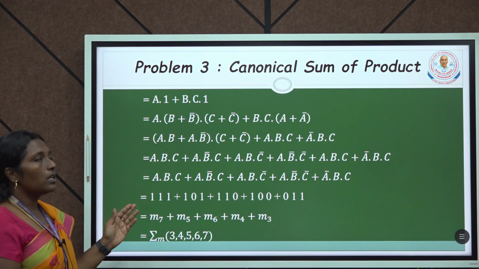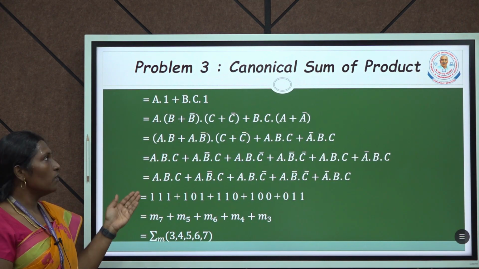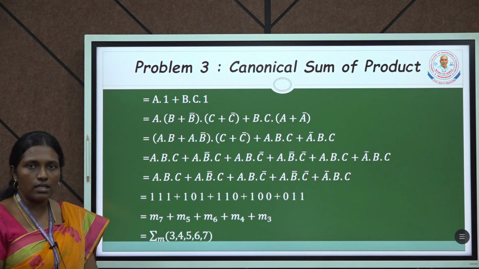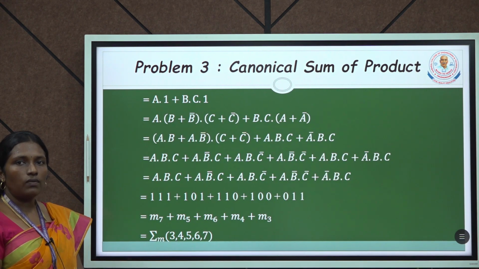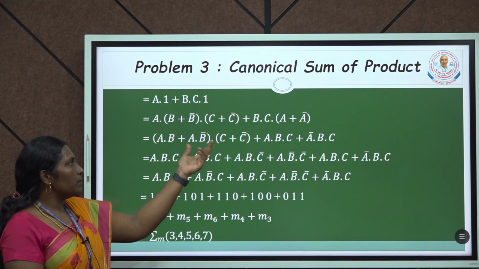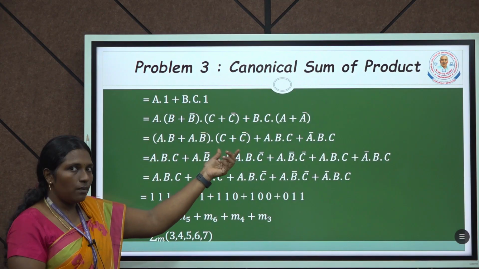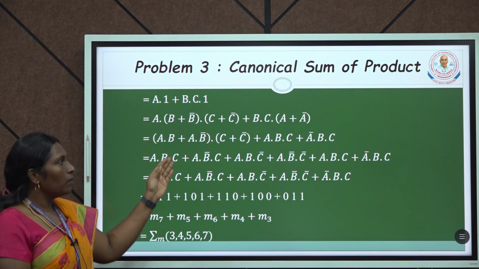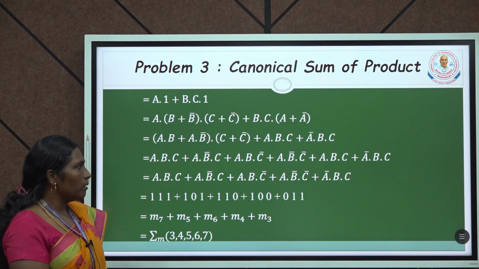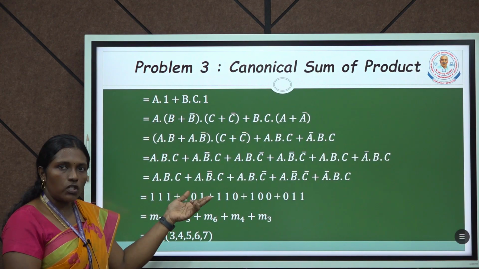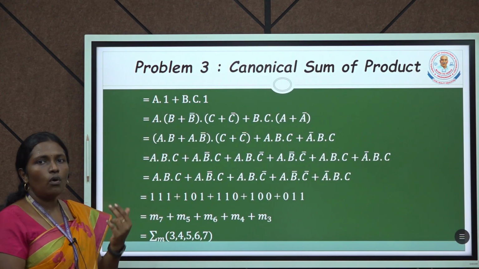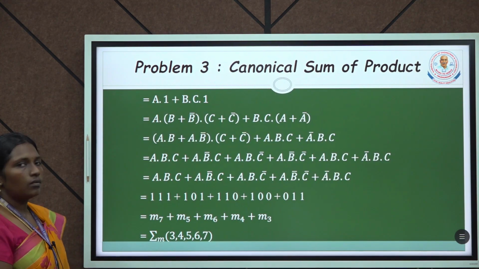The same procedure applies for 3 variables also. We have to see what variables we have missed and add those missed variables in the sum form, that is C plus C bar, and we have to multiply. Then we have to expand the expression. After expanding, we have to omit the repeated terms.